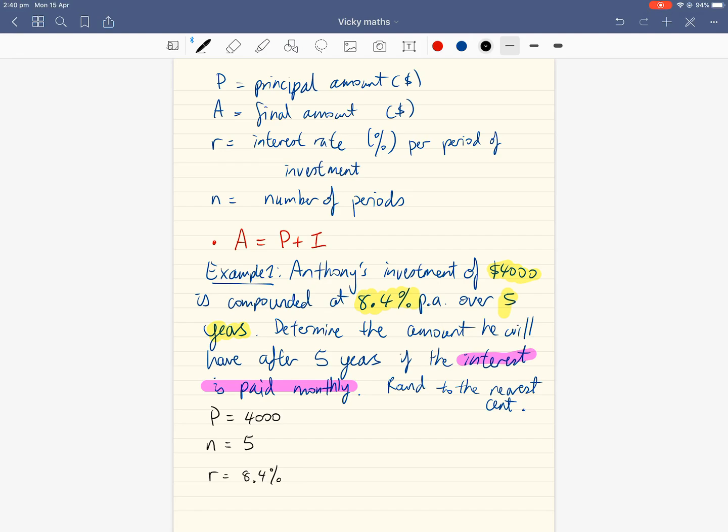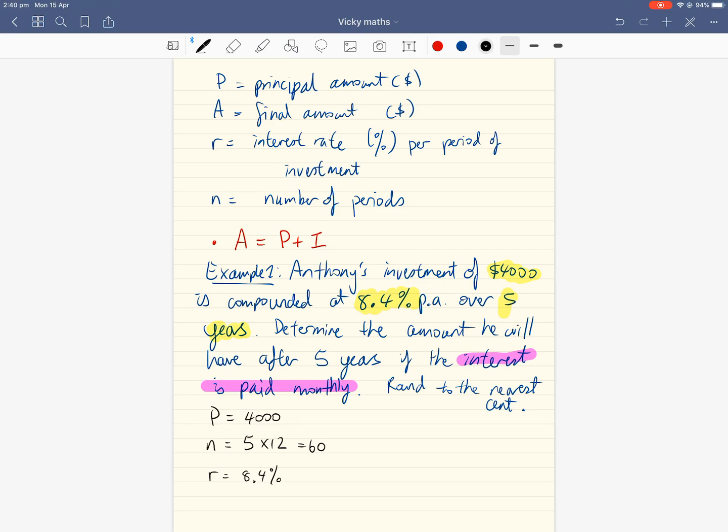We have also been told that the interest is paid monthly. Now, if we're paying monthly, then the number of times they have to pay is 5 lots of 12, because it's 5 years and there are 12 months per year, so altogether we have 60 periods.